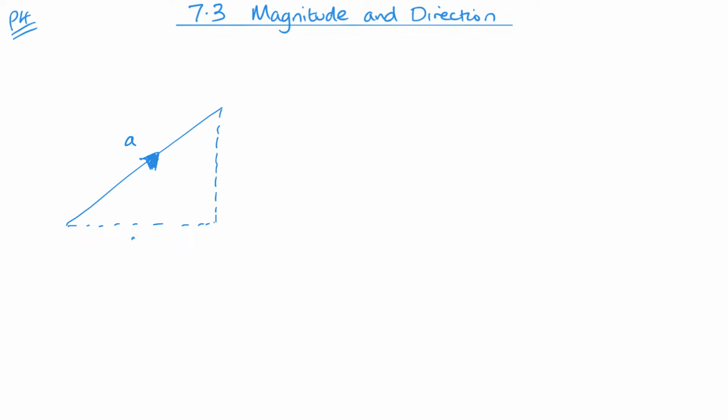The horizontal distance will be some value of i, and the vertical distance will be some value of j. And this vector will obviously be something i plus something j, or as a column vector like that, where I'm using the x and y as the unknown horizontal and vertical values.